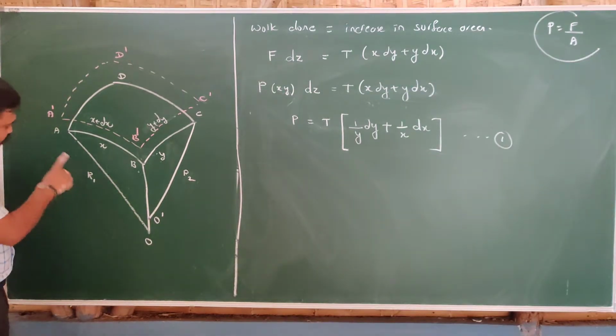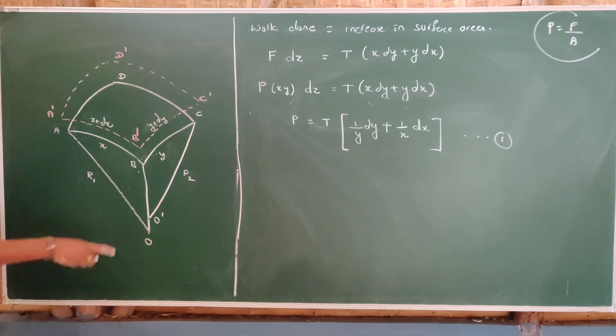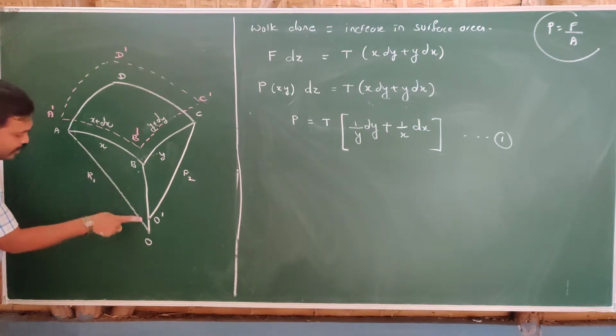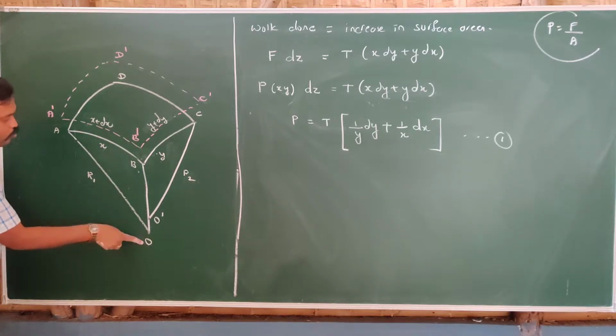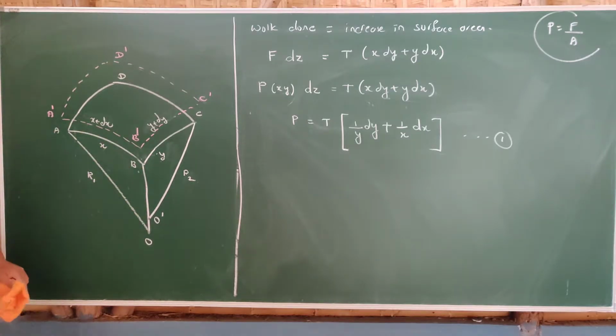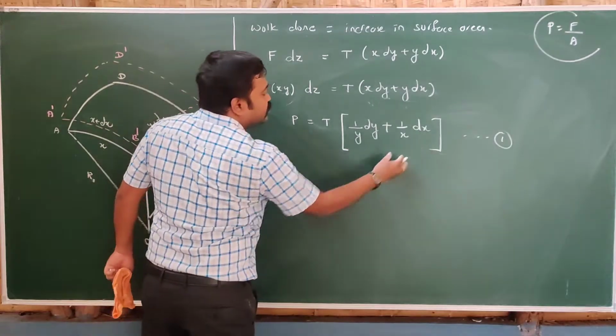I will be using a triangle here. Let me consider a triangle ABO and another triangle A dash B dash O. Let me consider these two triangles and calculate the values of these two.